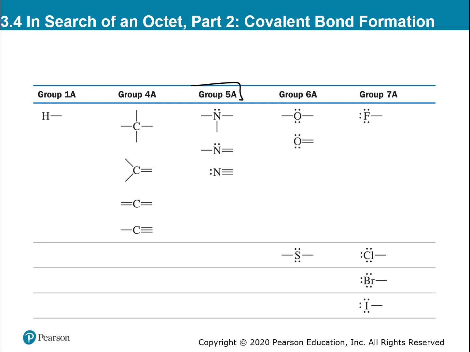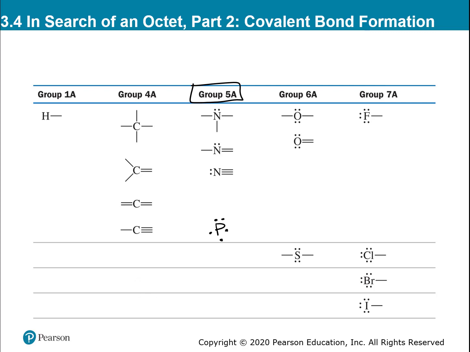Looking at nitrogen, and this would be phosphorus as well, because phosphorus can do this, notice that nitrogen can form 3 covalent bonds. So N can have 3 lines attached in any combination. You could have 3 single bonds, like the top one. You could have a double bond and a single bond, or you could even just have a single triple bond.